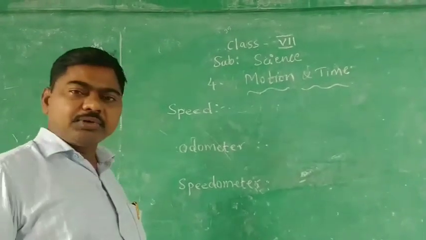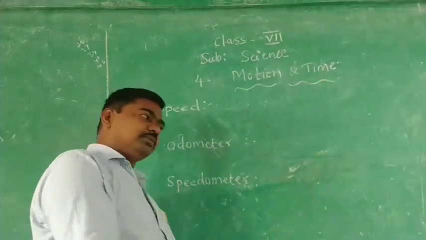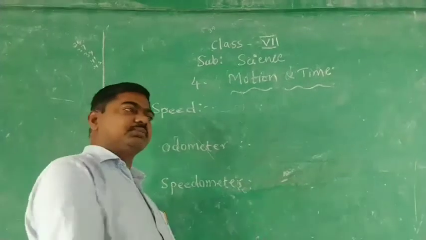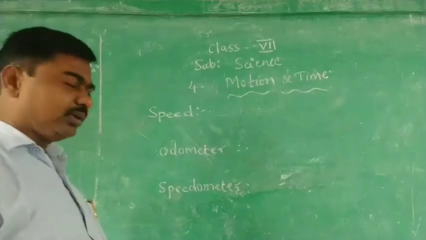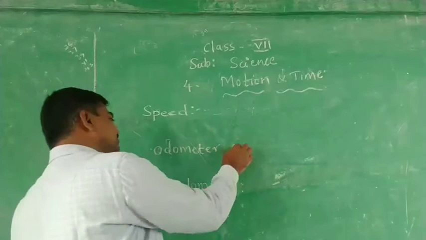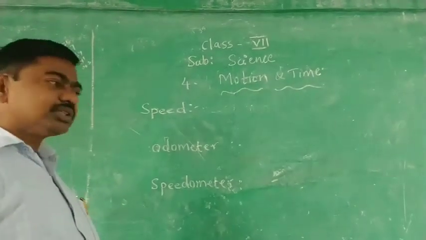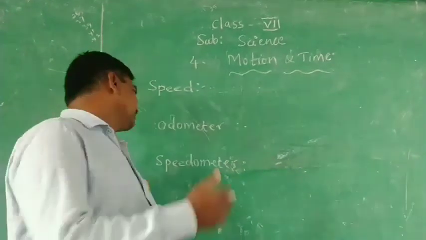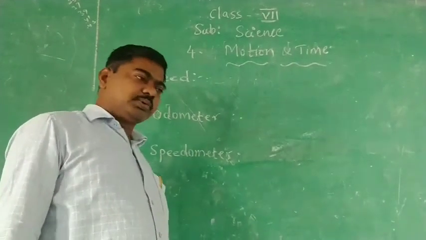The speedometer says how much distance you covered in a given time. Both are different. To know the speed at which a person is going, he has to know about both the odometer and the speedometer.